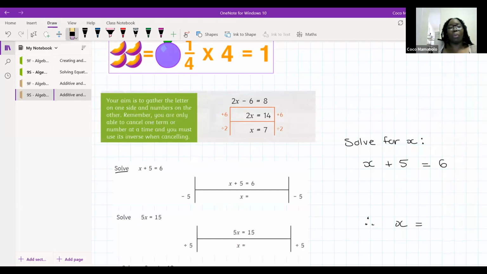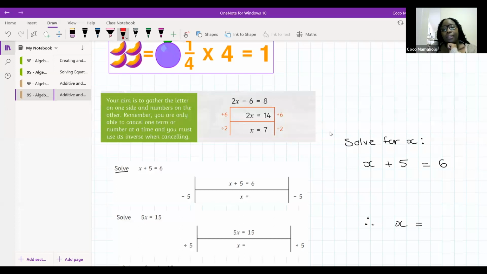Okay, Palesa, do you want to unmute for me, my sweetie? Now, tell me, I've got x added to 5. Which inverse are we going to use to get rid of this plus 5? The additive or the multiplicative? The additive, ma'am. Excellent. Now, tell me, Palesa, what is the additive inverse of positive 5?